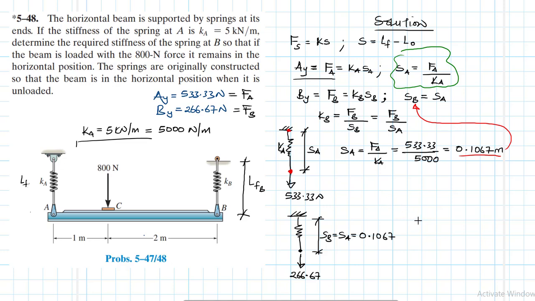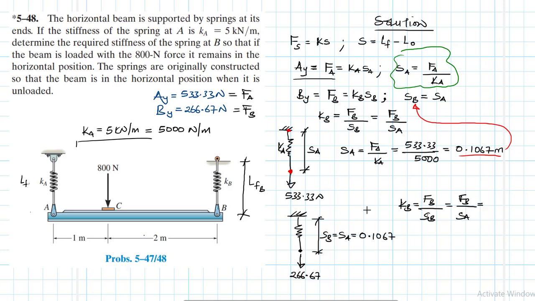If we have the stretch already, we can directly calculate KB, the stiffness in spring B. KB is equal to FB divided by SB, which is FB divided by SA.